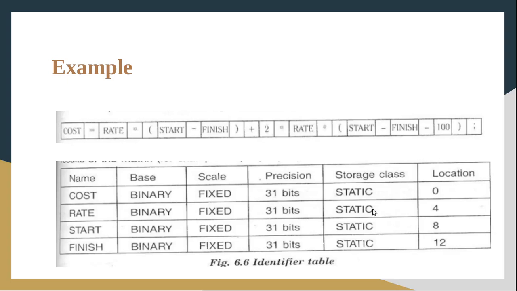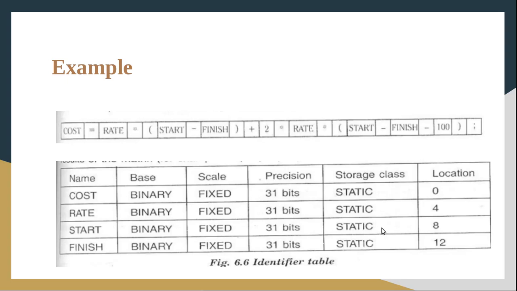Then in the storage assignment phase, the storage class and location information will be added into the identifier table. So I repeat, in the lexical analysis phase, it will make an entry only in the name column. In the semantic analysis phase, it will add the base, scale and precision information.